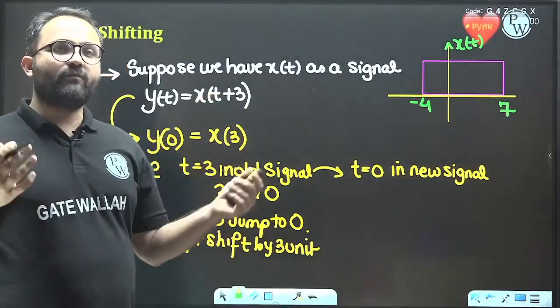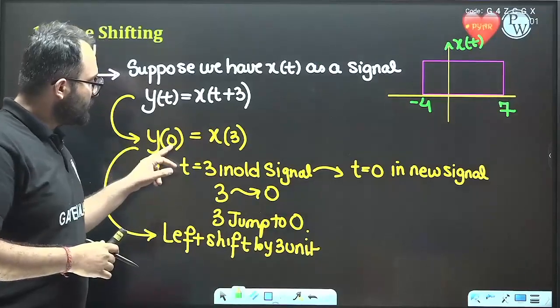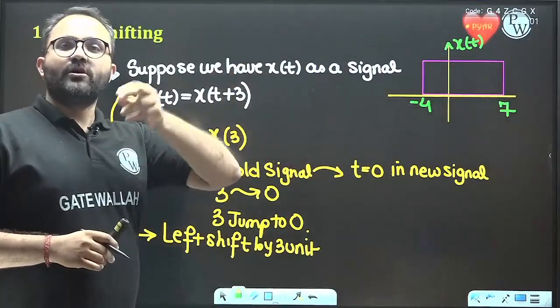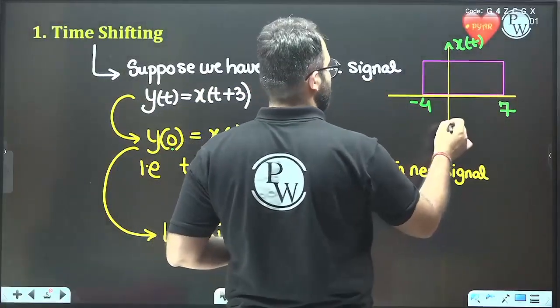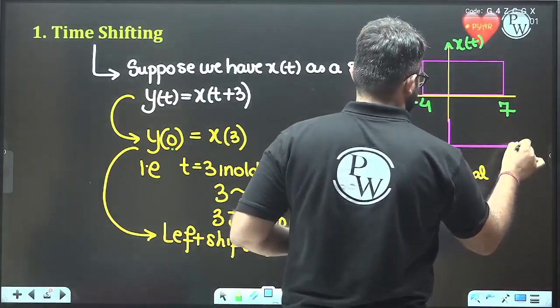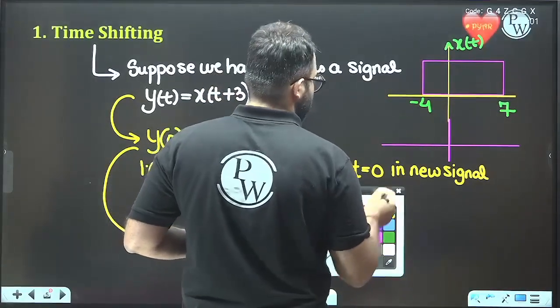And now if I want to create xt plus 3, always remember that the new signal 0 is equal to old signal 3. So 3 is jumping to 0, means it is left shifted by 3.